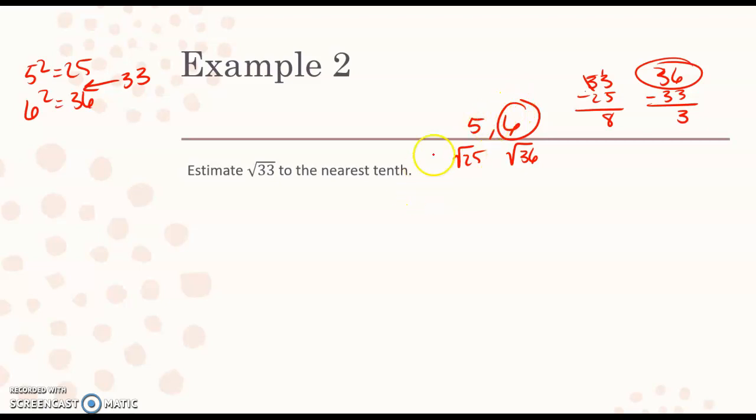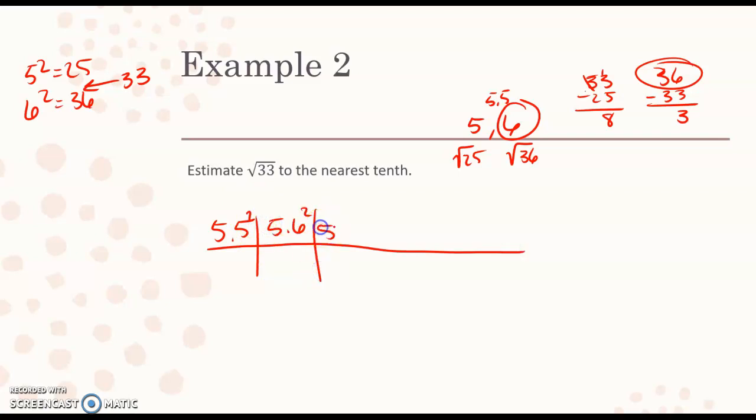Now, what that means is when we're going from 5 to 6, I know that 5.5 is halfway, and so I am between 5.5 and 6. So that helps me to where I'm not starting all the way at 5.1 and having to work all the way up and square everything. I'm just going to go ahead and start with 5.5, 5.6, 5.7, 5.8, possibly 5.9, depending on how close we get.